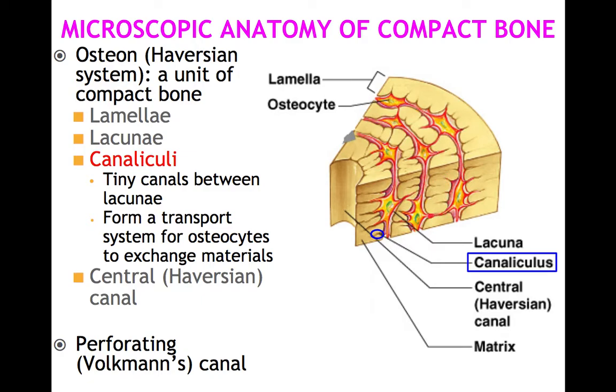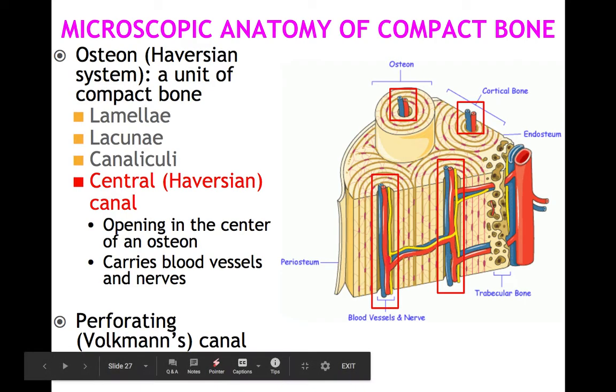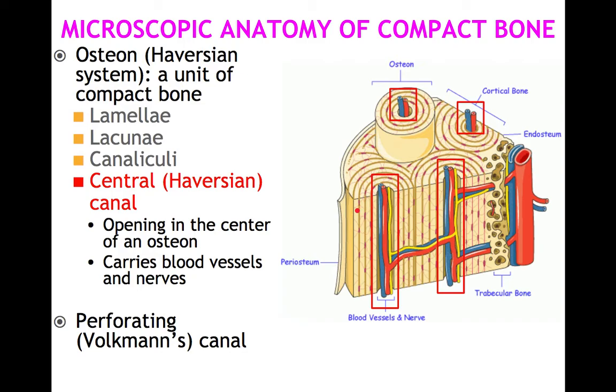All these little spider-like projections through the bone matrix, those are canaliculi. And those canaliculi allow blood that's coming in through these central canals to spread out through each of the lamella to then feed the osteocytes in each lacuna in this osteon.